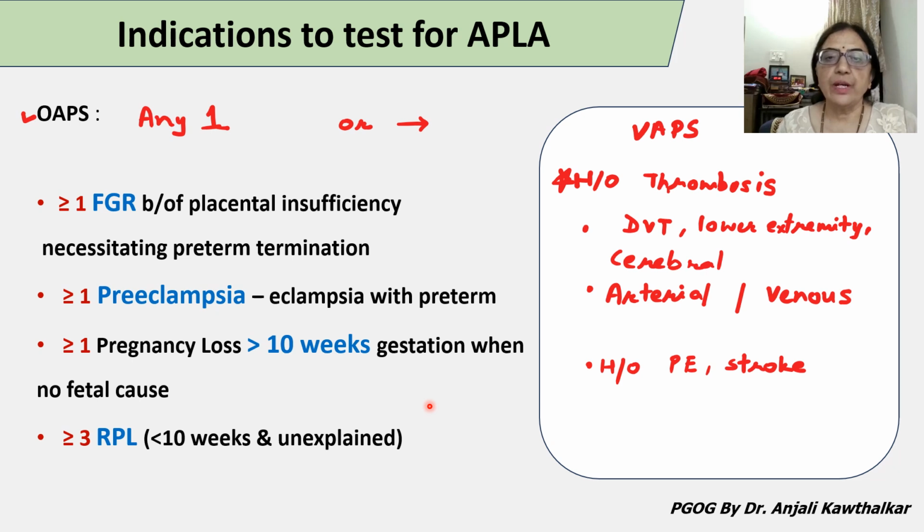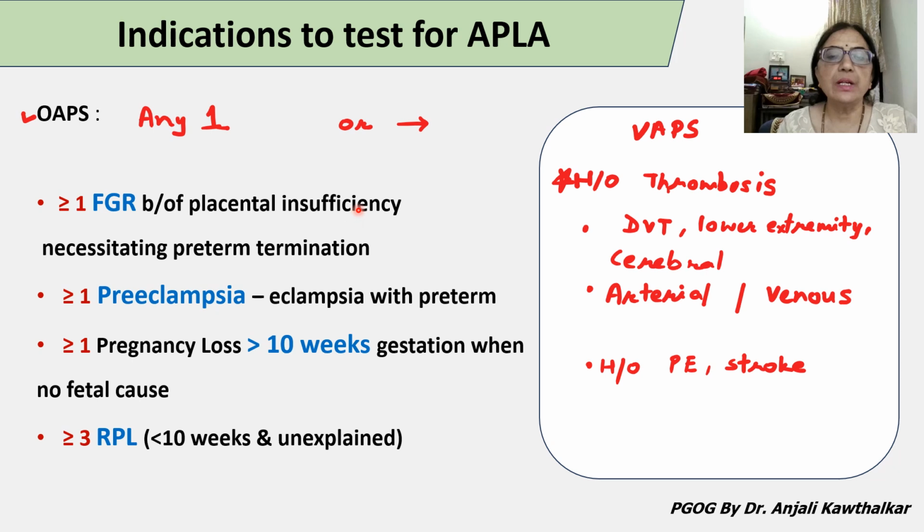Indications to test for antiphospholipid antibodies are the same as the diagnostic criteria we have seen for antiphospholipid syndrome. Any one of the obstetric morbidities such as fetal growth restriction necessitating preterm termination, preeclampsia necessitating preterm termination, pregnancy loss greater than 10 weeks with no fetal cause identified, or 3 or more recurrent early pregnancy losses, less than 10 weeks, and unexplained.